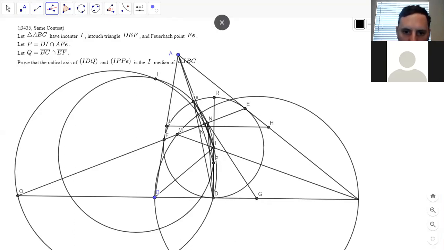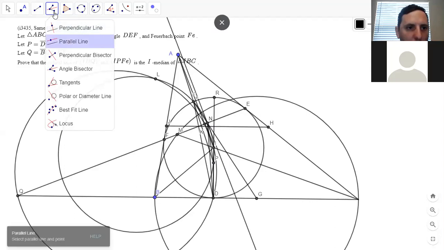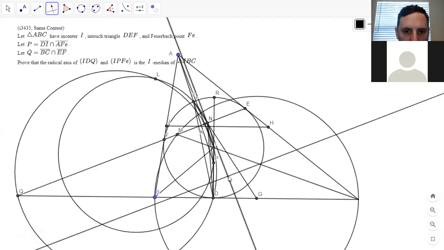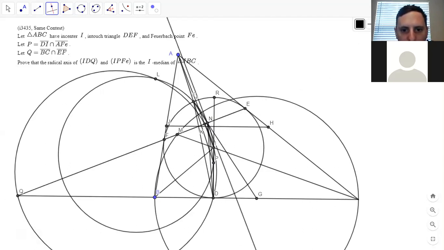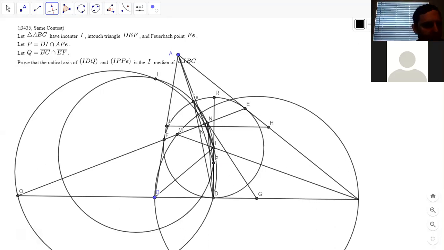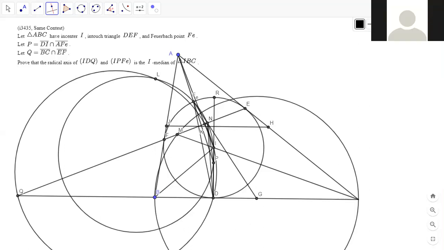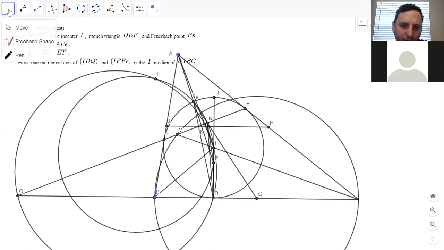Oh, it says PKG. Wow, this is a tricky diagram.